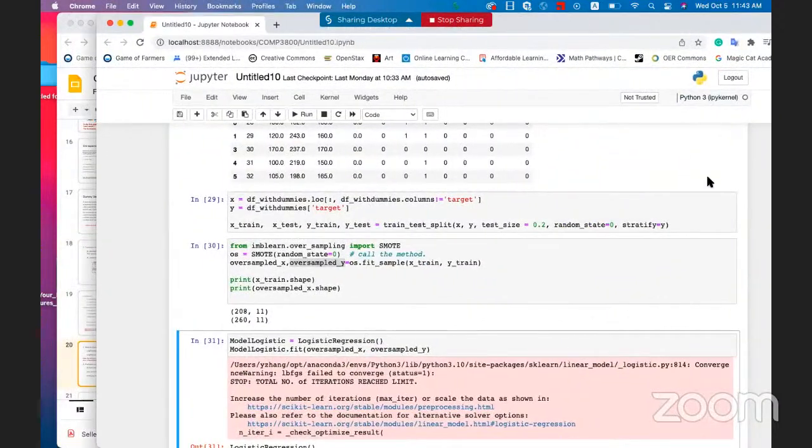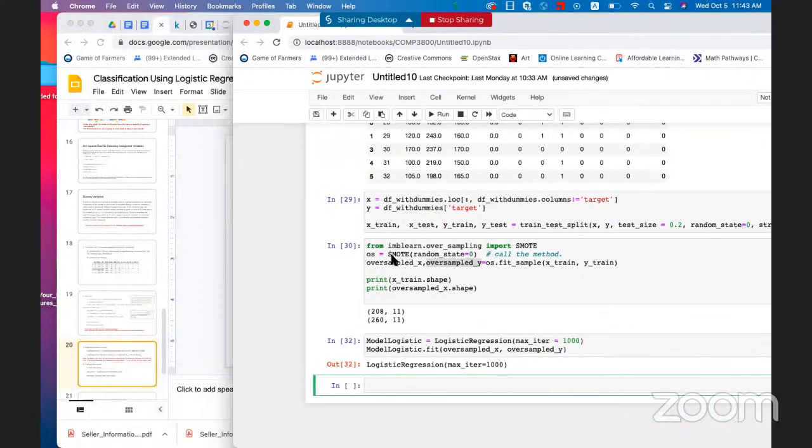I will change this. The default value is 100, and sometimes you just need to change it to a bigger number to help it iterate over all the cases.